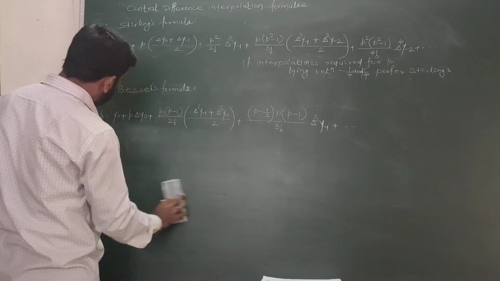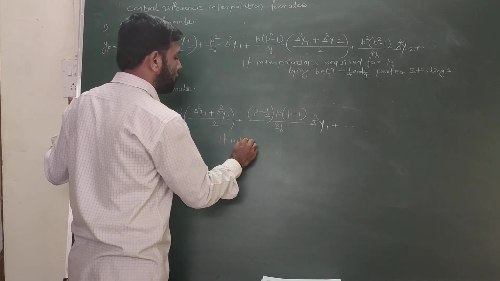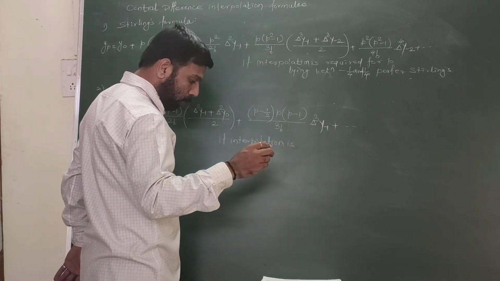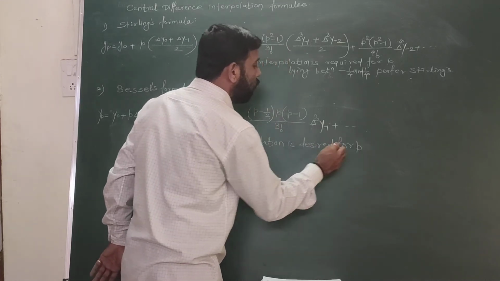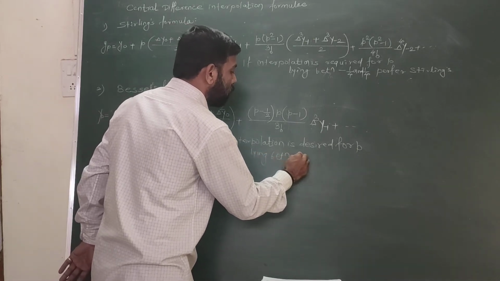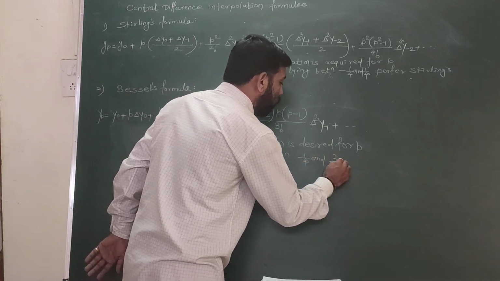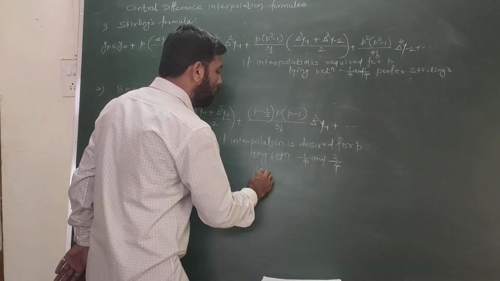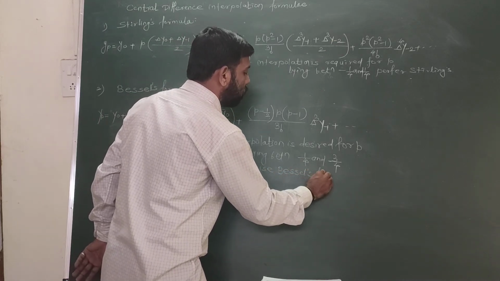Again, for Bessel's formula: if interpolation is desired for P lying between 1/4 and 3/4, use Bessel's formula.